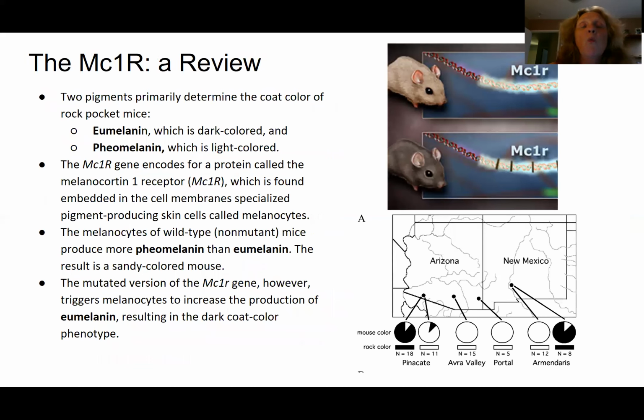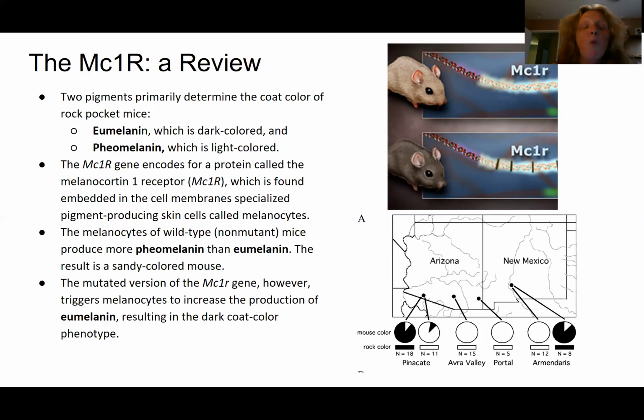So the MC1R, we know that there's two pigments primarily determining the coat color of the rock pocket mice, okay? Eumelanin, which is a dark color, and phaeomelanin, which is a light color. The MC1R gene encodes for a protein called melanocortin 1 receptor. That's what the MC1R stands for. I'd rather say MC1R, which is found embedded in the cell membrane, specialized in pigment production cells. So your melanocytes.